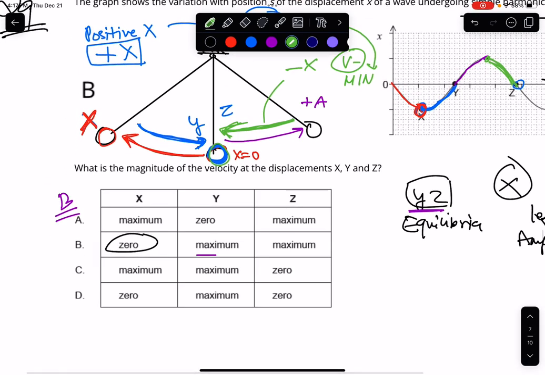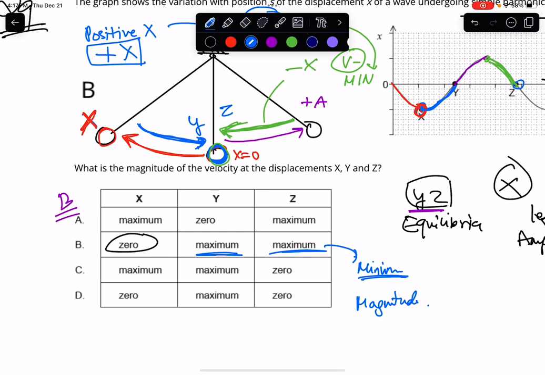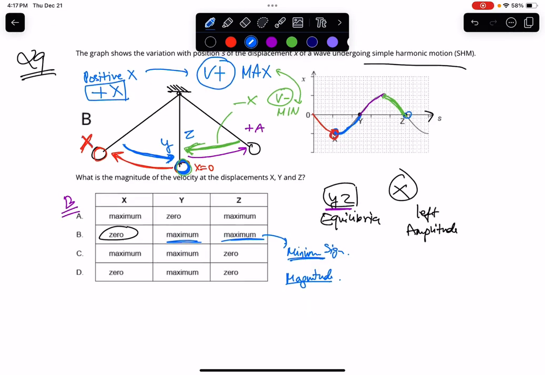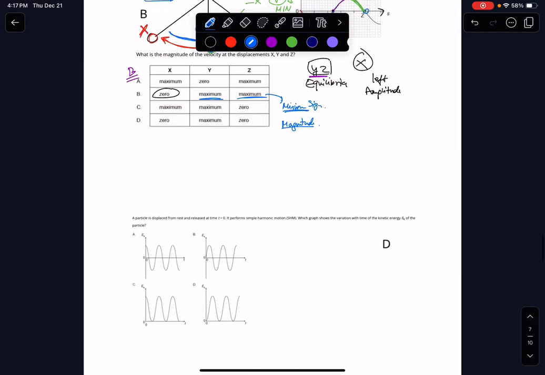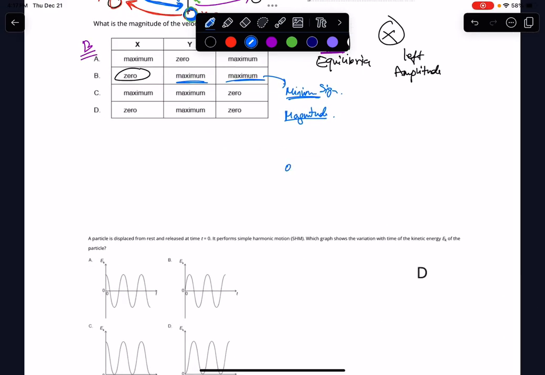So if they wanted to make things a bit harder, they could have just said that in this case, Y would be the maximum, and Z would be the minimum value of the velocity, right? But don't confuse this minimum with the magnitude, right? The magnitude is different. The minimum comes from the sign, okay? So let's say you have a car going to the left at maybe 1 billion meters per second, right?